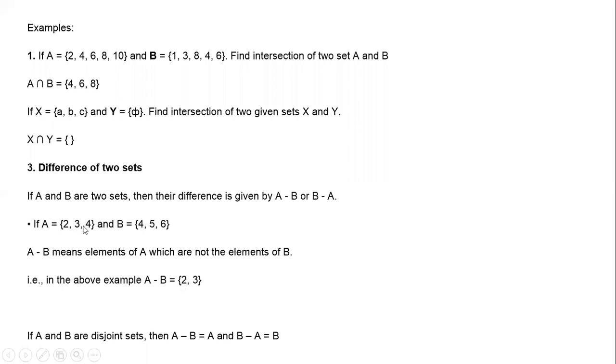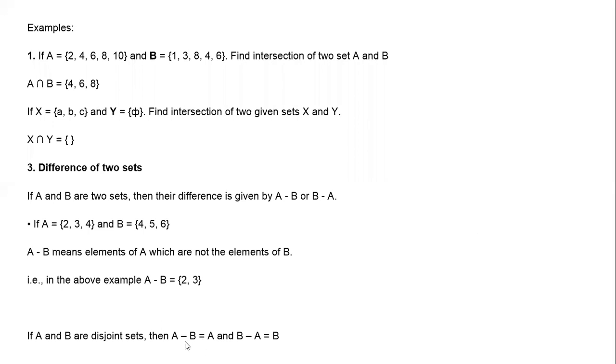Okay. So in 2, 3, 4, 4 is present in B also. We should not write it. A minus B is equal to 2, 3 only. Then if A and B are disjoint sets, what is A minus B?